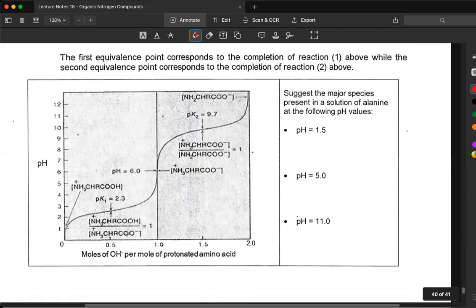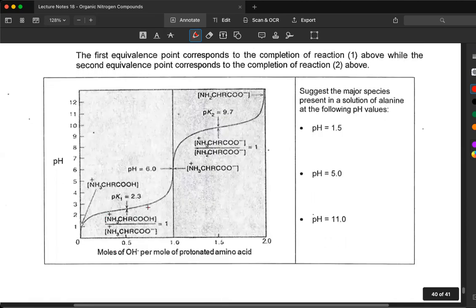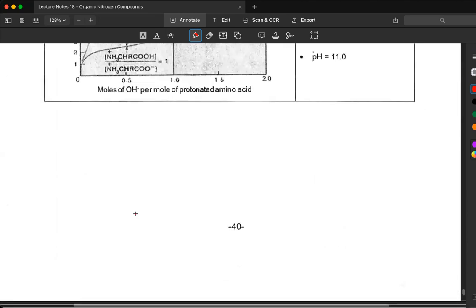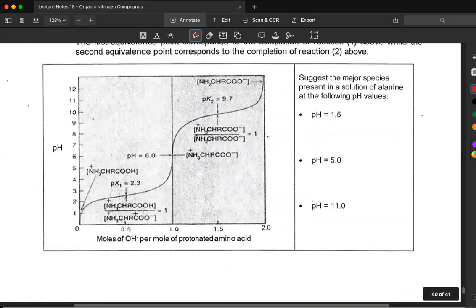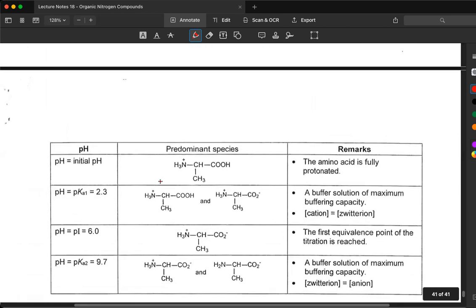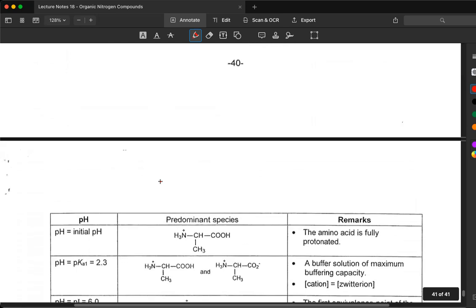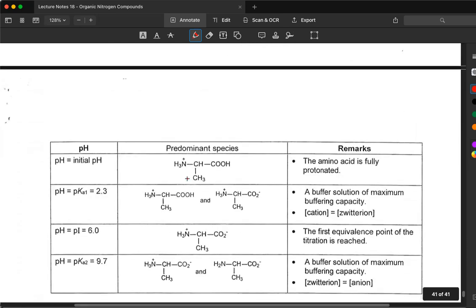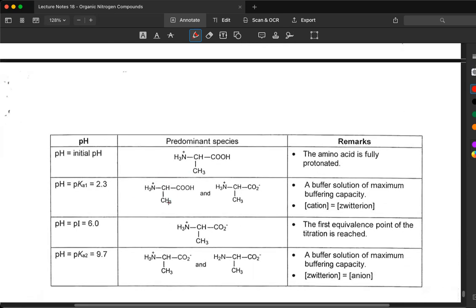So this is the question. At the initial pH, the predominant species, because it's acidic, is NH3 plus, fully protonated. Reaching 2.3, you reach a point where you have a mixture of this one and this one. So there's a buffer solution of maximum buffering capacity, where the concentration of the cation is equal to the concentration of the zwitterion.